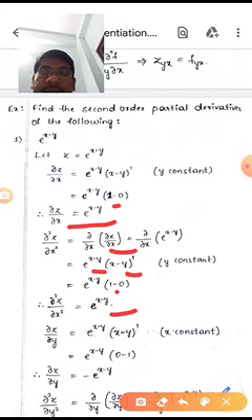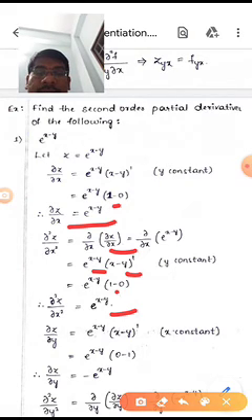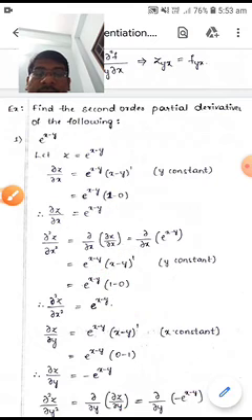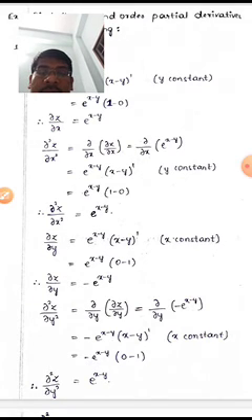Similarly, dou z by dou y is equal to e power x minus y, times the derivative of x minus y, which is minus 1. Dou square z by dou y square: we again differentiate with respect to y.